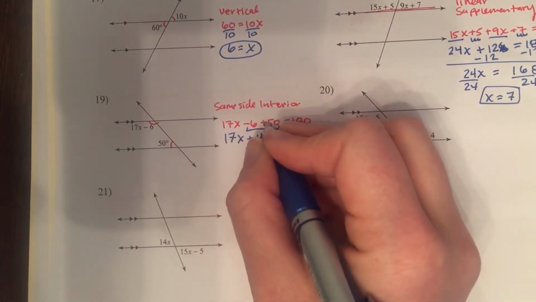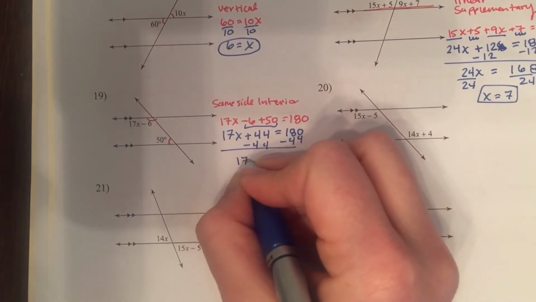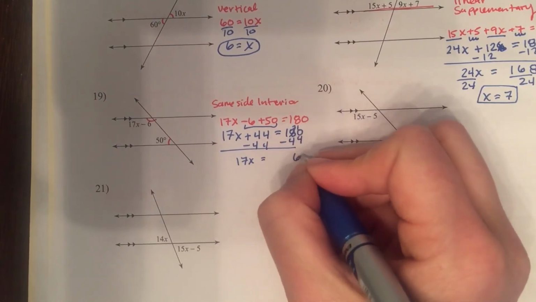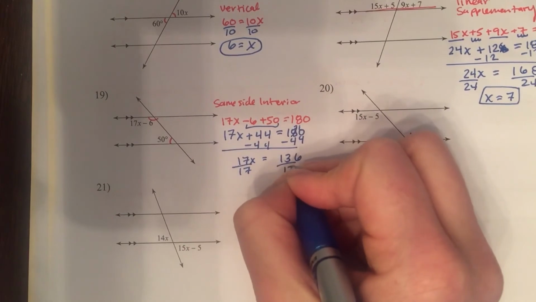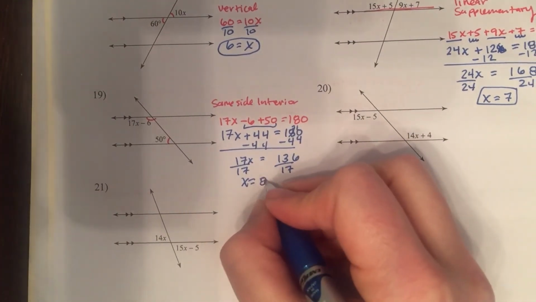From putting these two together, you get 44. Subtract the 44. Divide by 17, and you get x is equal to 8.